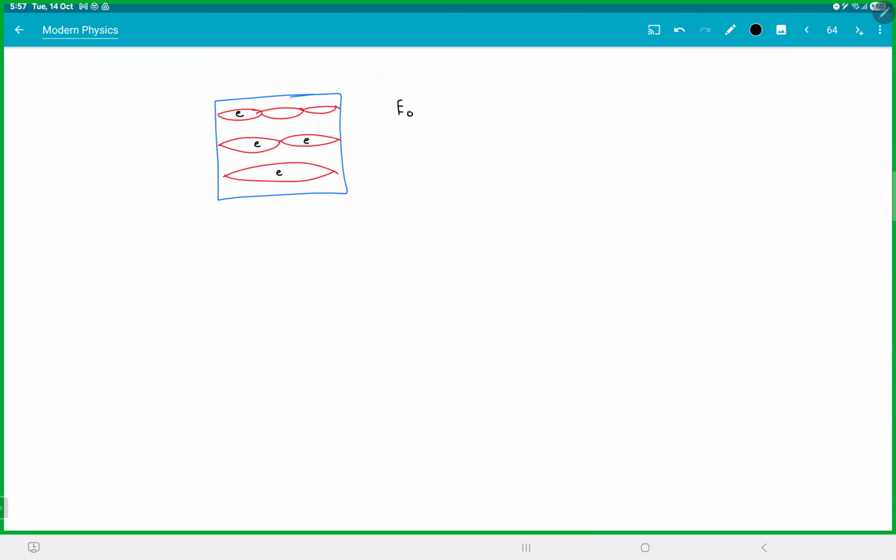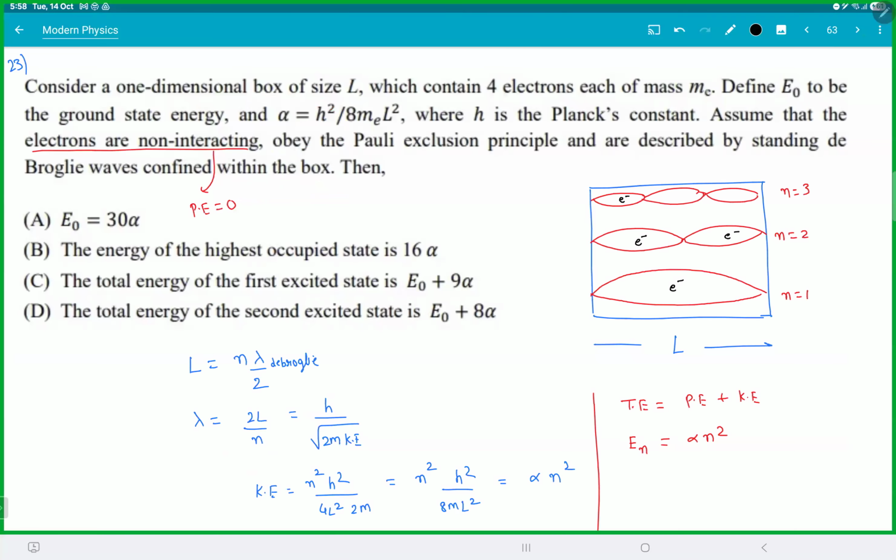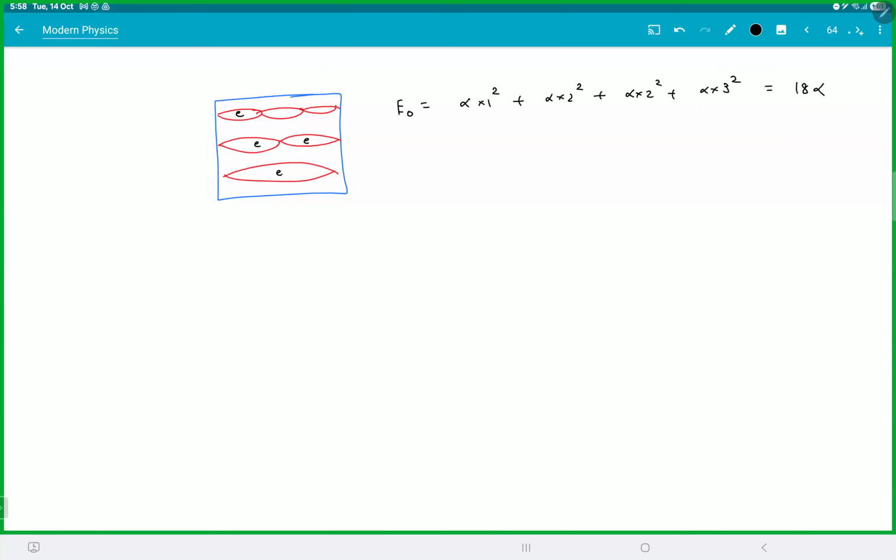So E naught, this is the ground state. That will be alpha into 1 square, alpha into 2 square, plus alpha into 2 square, plus alpha into 3 square. That will be 1, 4, 4, 9, which is 18 alpha. That is your E naught. First option is wrong. The energy of the highest occupied state. Here the highest occupied state is n is equal to 3.